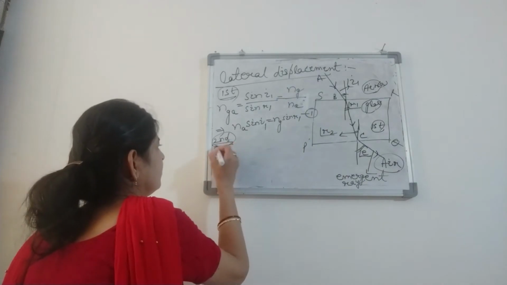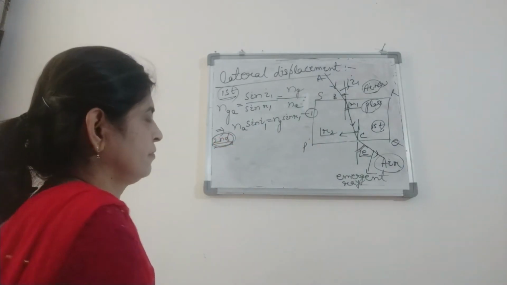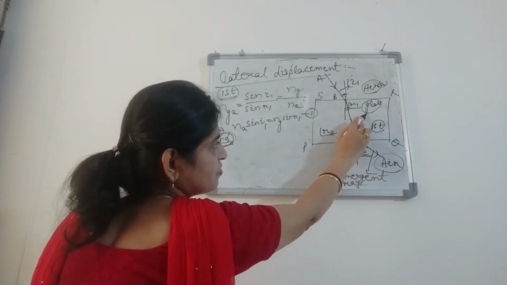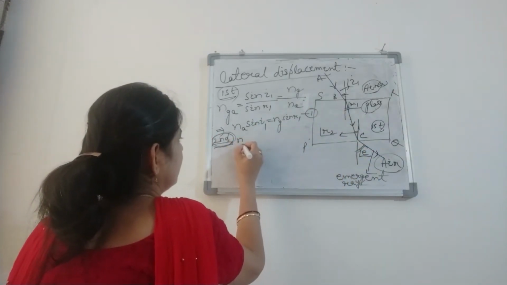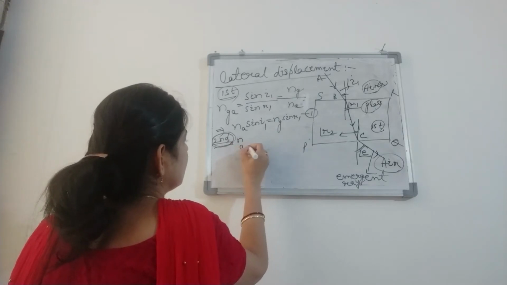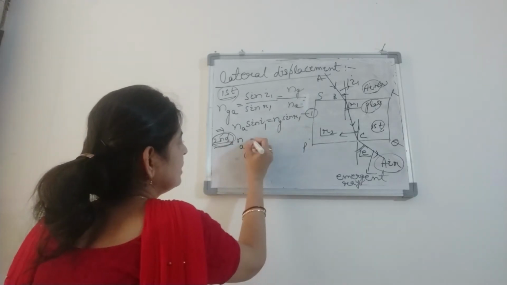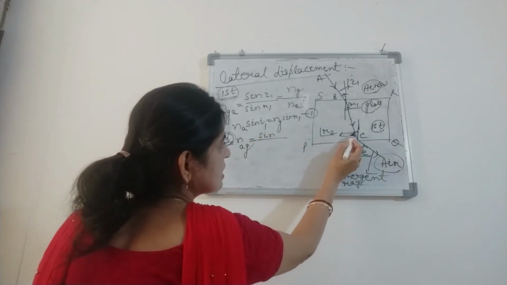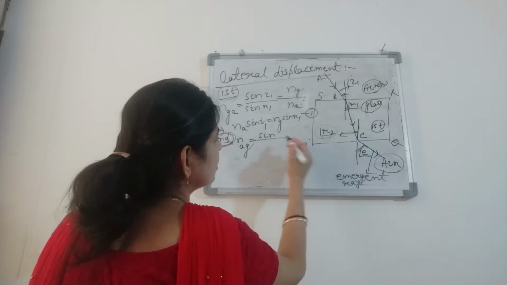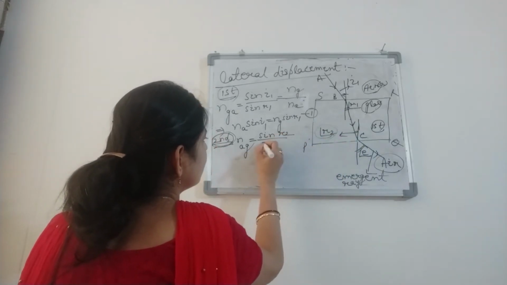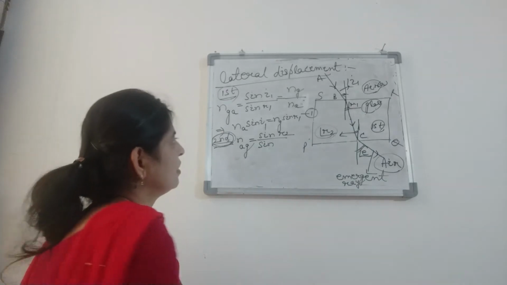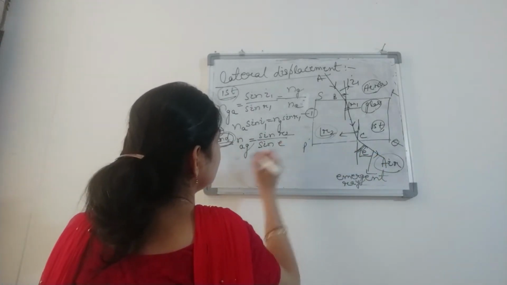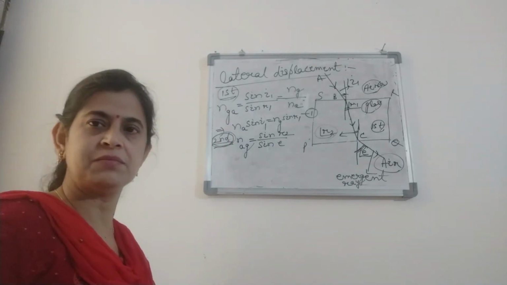Now, from the second situation, the refractive index of air with respect to glass, NAG, is equal to sine I, the angle of incidence, which is R2, divided by sine R, which means sine E, the angle of emergence.